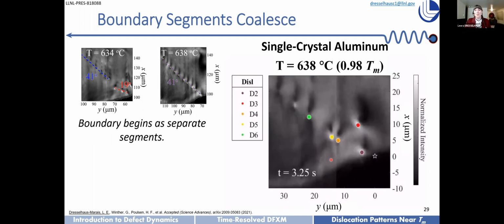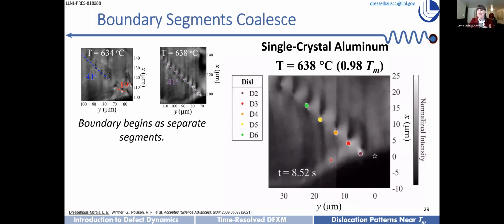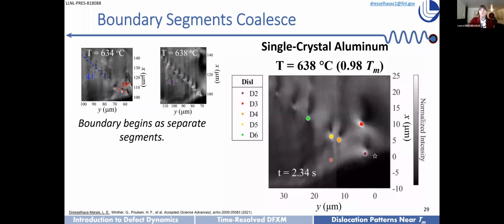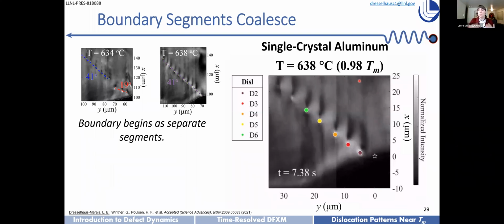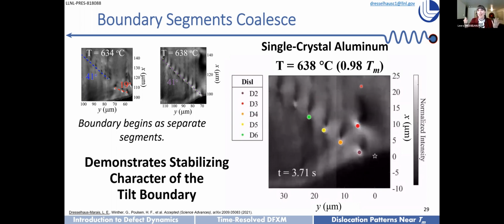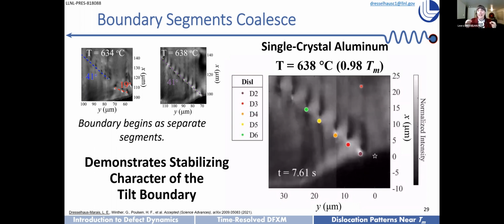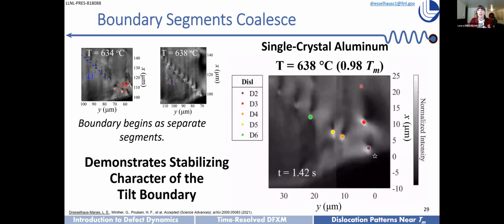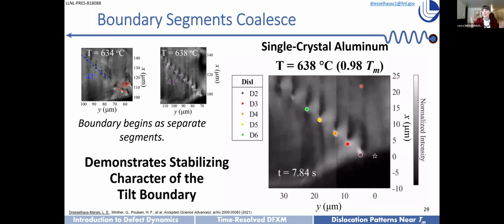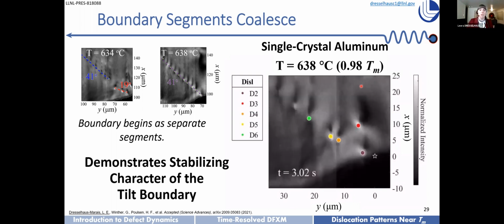So what does this show us? In addition to showing us a very interesting and detailed mechanism for how this dislocation insertion occurs, this also shows us the first view of this type of fundamental, classical dislocation dynamics mechanism at 98% of the melt. This is a regime where there's a lot of theory that predicts this shouldn't happen at this high a temperature, because we should already be in the thermally dominated regime.